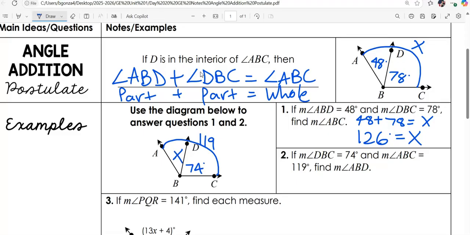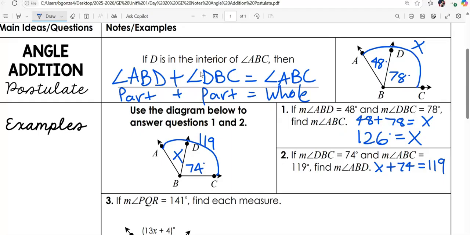That's missing, okay? So when we set this up, it's going to be, once again, part plus part equals whole, okay? So the left part is X, the right part is 74. X plus 74 equals the whole thing, 119. Cool.